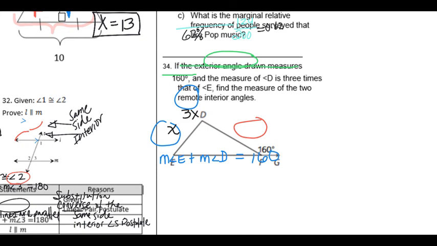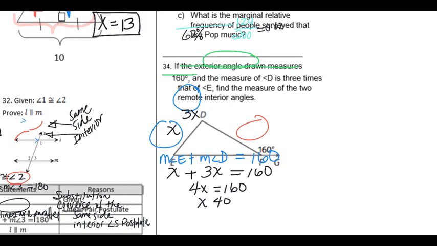So we know that the measurement of angle E is x. We know that the measurement of angle D is 3 times the measurement of angle E, which is x. And we know that the exterior angle is 160. So now we can solve this equation. X plus 3x is 4x, and it equals 160. And x, if we divide by 4, is equal to 40. So now we can find both measures.